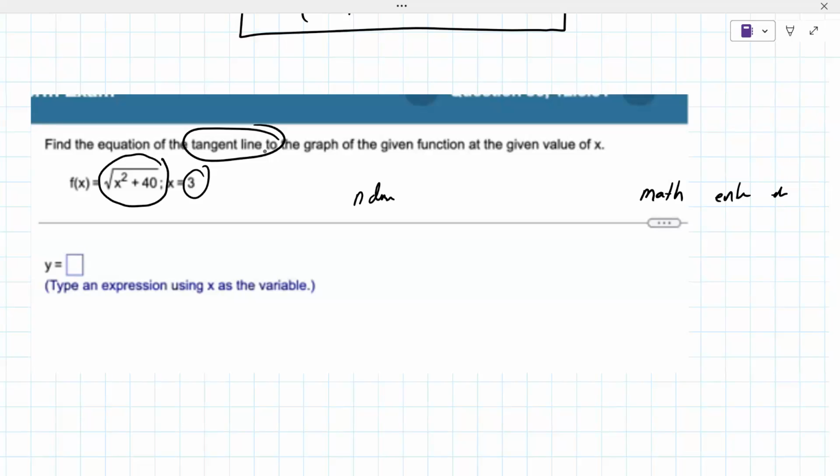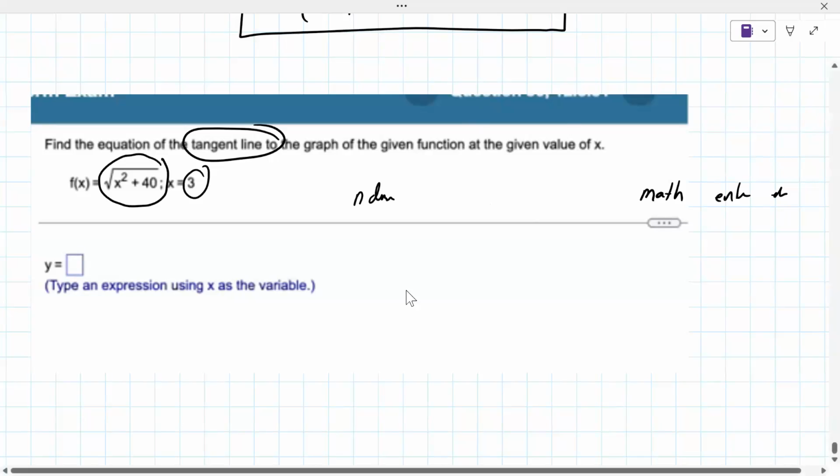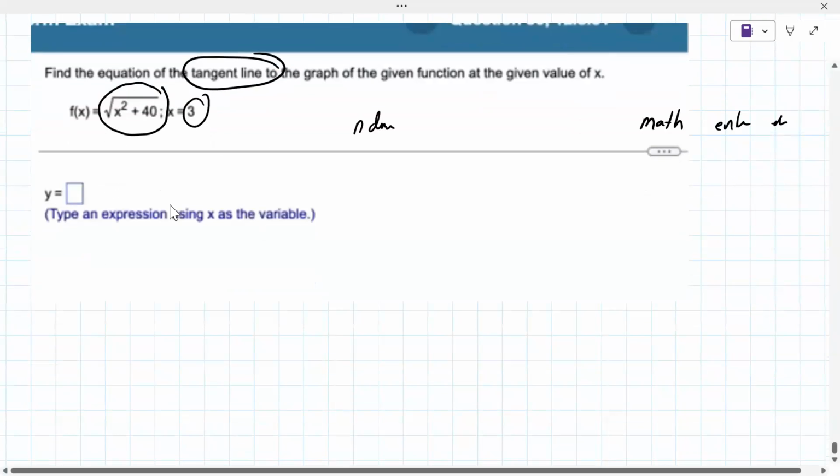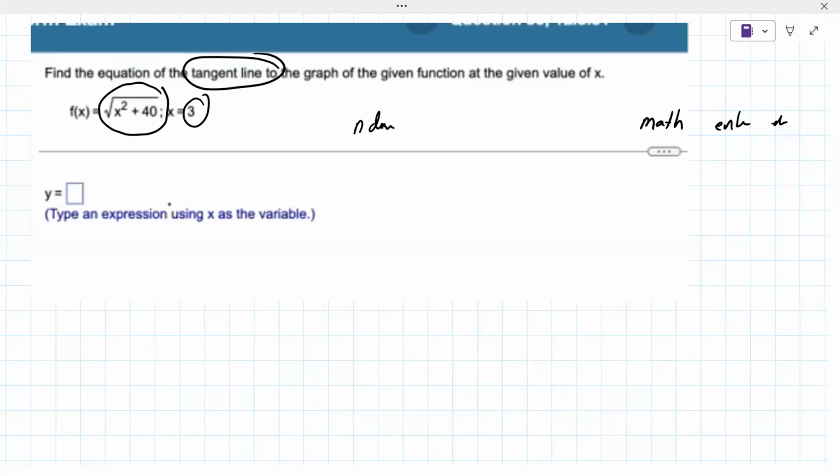I did enter, like as a fraction, it keeps just giving me the decimal. Darn. I don't want you to do this by hand because it's kind of awful, but the answers will have the slope in it.